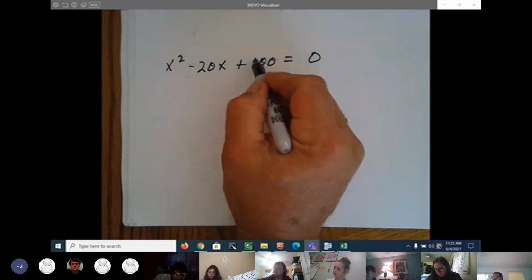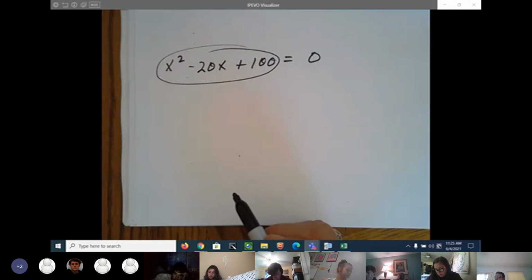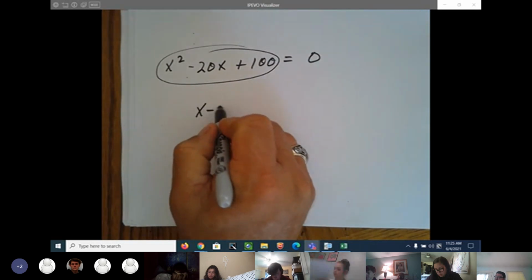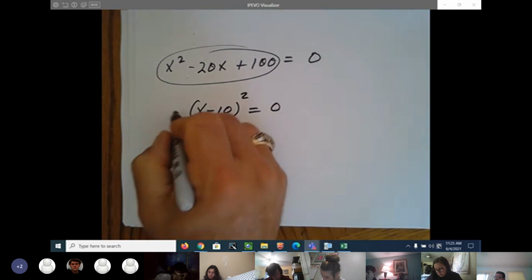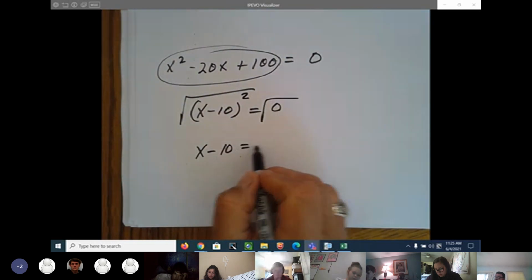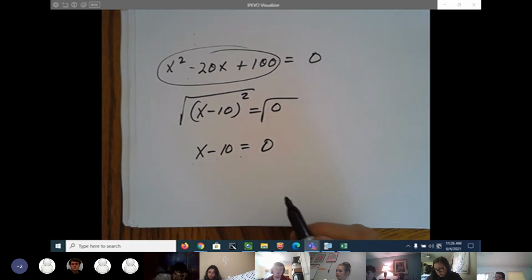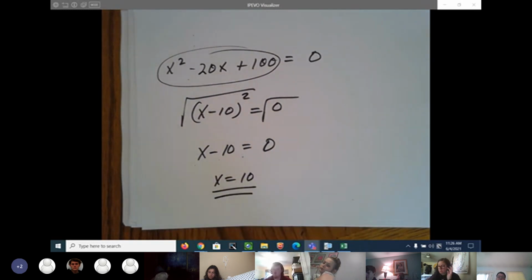And I think that's a perfect square, isn't it? This is shortcut number what? Number 2, Hubert. X minus 10 quantity squared is equal to 0. X minus 10 is equal to 0, and x is equal to 10. So your answer is 10.